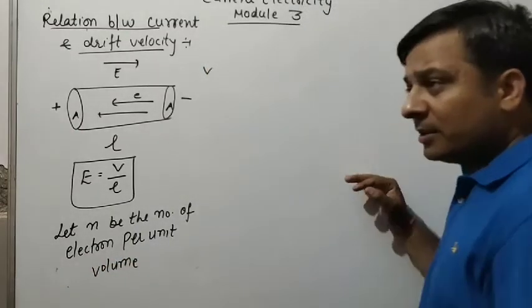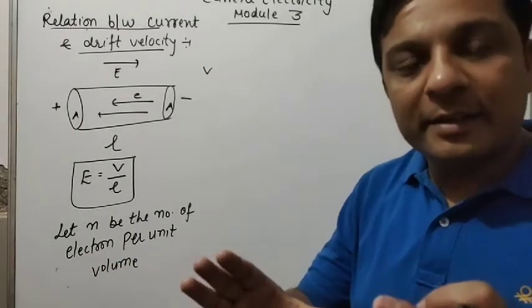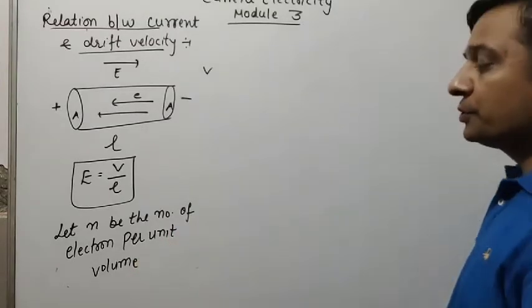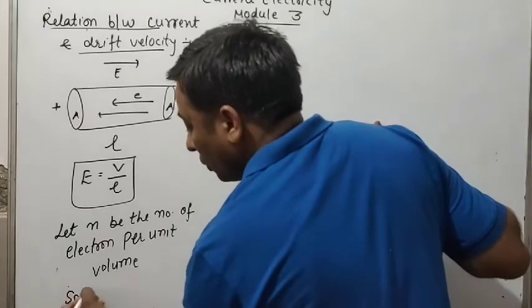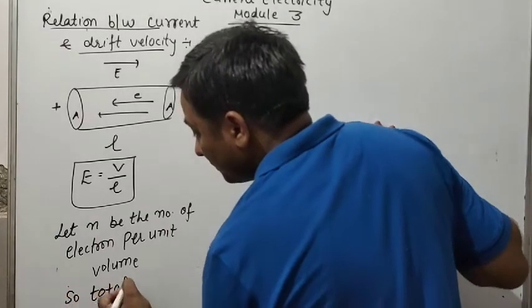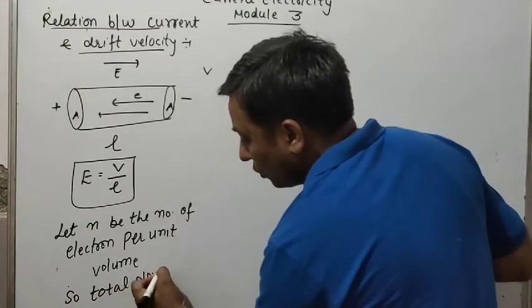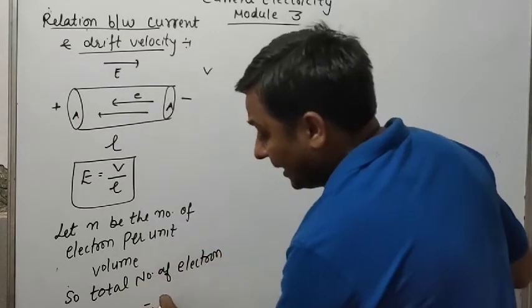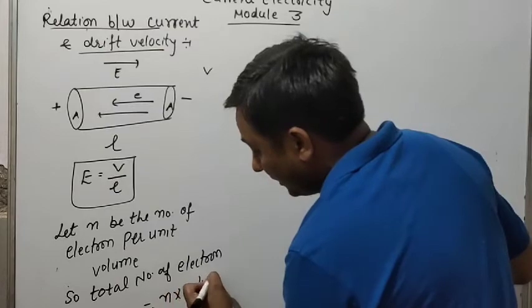So students, let n be the number of electrons per unit volume. So the total number of electrons, what will it be? That is n into volume, right?